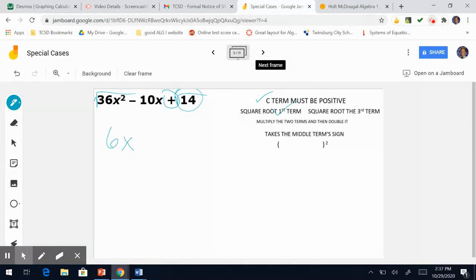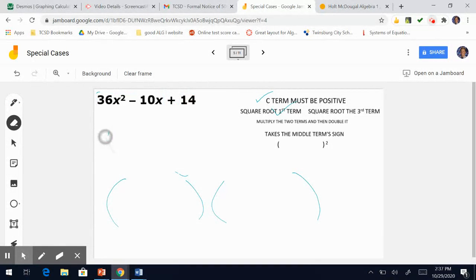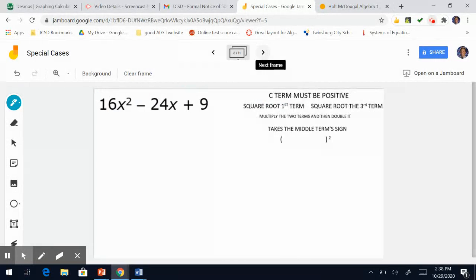So this is not a special case, meaning this might factor down with the big X method, or best case scenario, this is as simple as it gets. It's going to stay a trinomial. So this one is not a perfect square trinomial, because that 14 is not a perfect square.